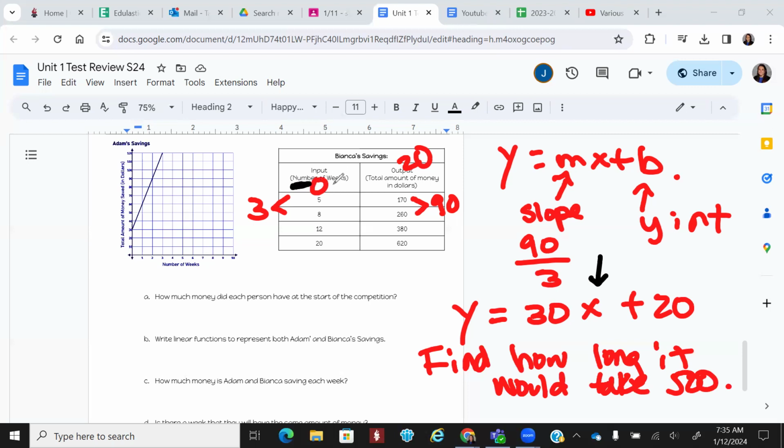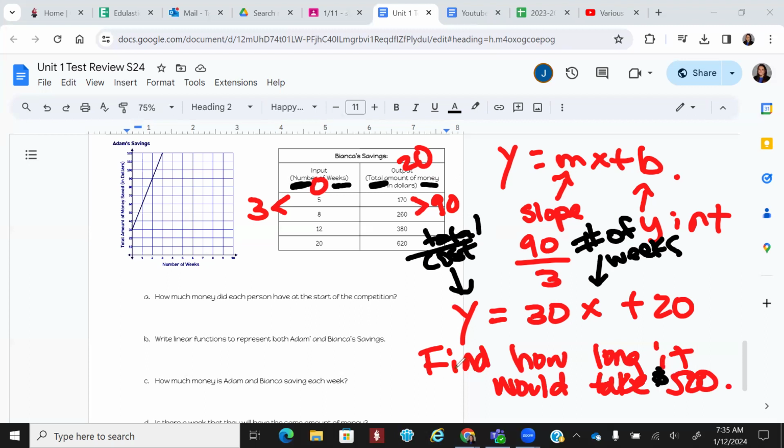This is going to be the number of weeks. So X represents the number of weeks. And what does Y represent? The money, so the cost. If I ask how long is it going to take, I'm searching for X, and I'm going to take 500 and plug it in for Y. So 500 equals 30X plus 20.